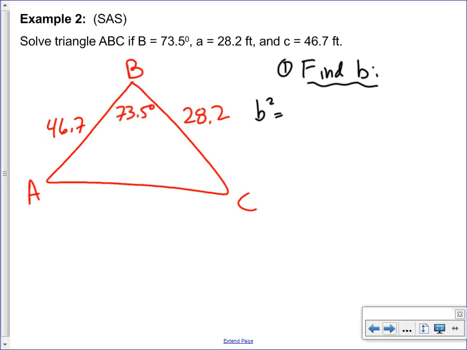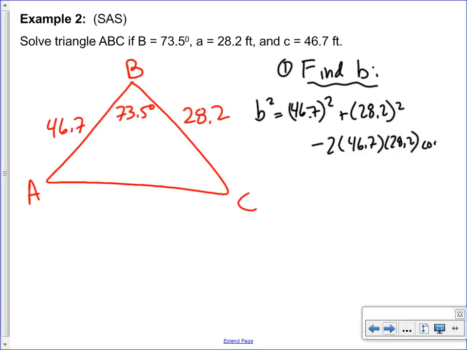So 46.7 squared plus 28.2 squared minus 2 times 46.7 times 28.2 cosine of 73.5. Okay?